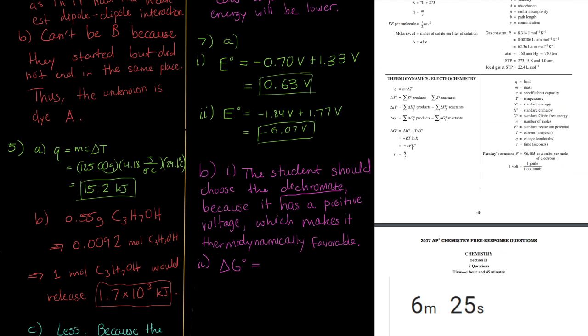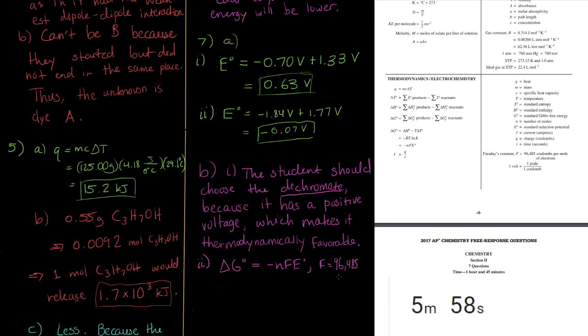So G is going to be equal to negative NFE, where F, in case we don't know, is Faraday's constant, it seems. When I say in case we don't know, I really mean because I don't know.